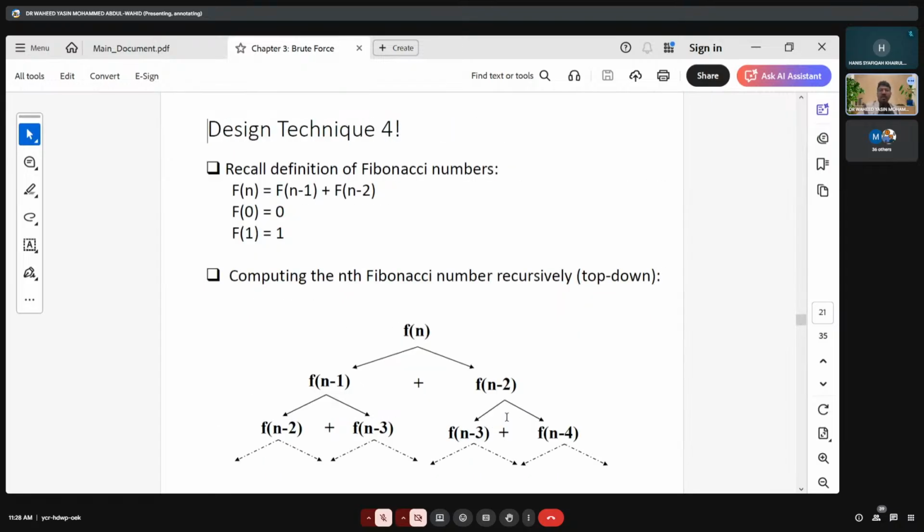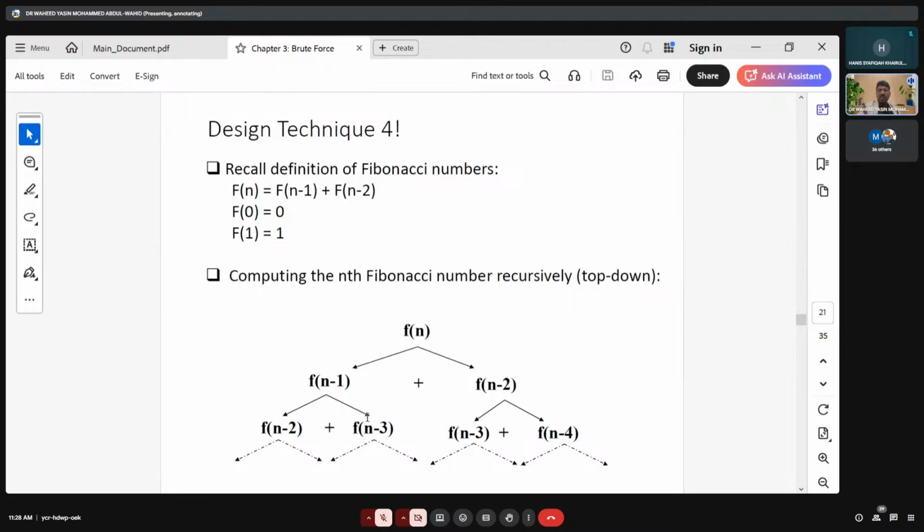Recall the definition of Fibonacci: Fn equals Fn minus 1 plus Fn minus 2, F0 equals 0, F1 equals 1. Computing the nth Fibonacci number recursively, top down: we call Fn minus 1 plus Fn minus 2. Here we have Fn minus 1, Fn minus 2, Fn minus 3, and Fn minus 4.